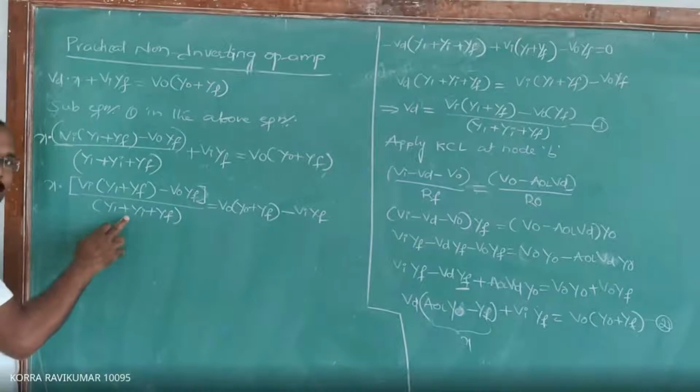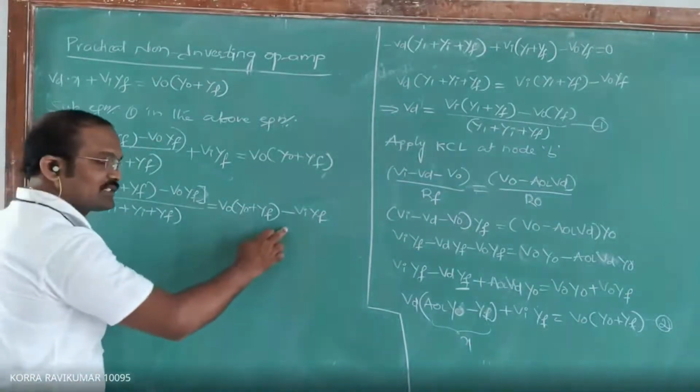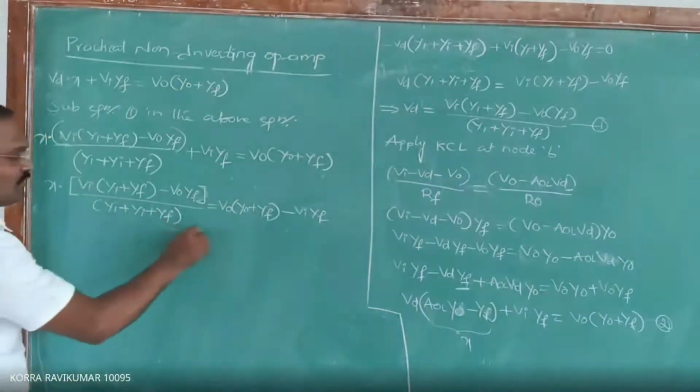Now send the denominator to the RHS side.